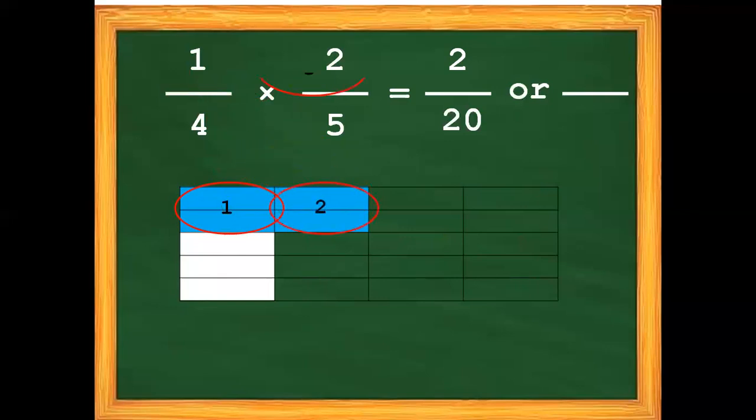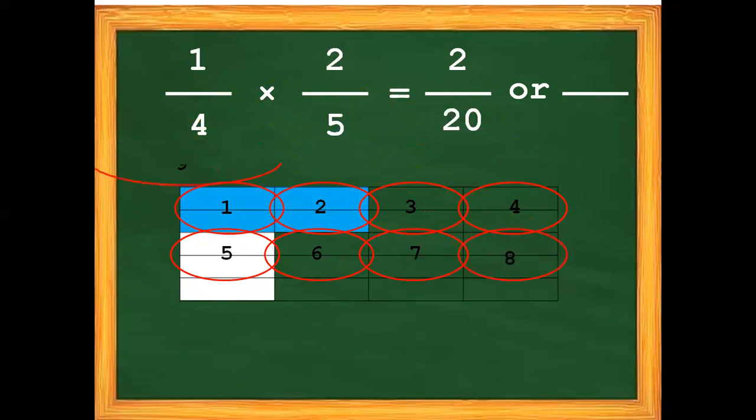We have the second part. We have the third part, fourth, fifth, sixth, seventh, eighth, then ninth, and we have 10th.